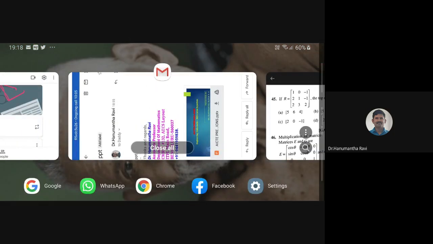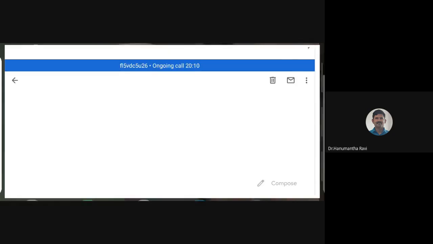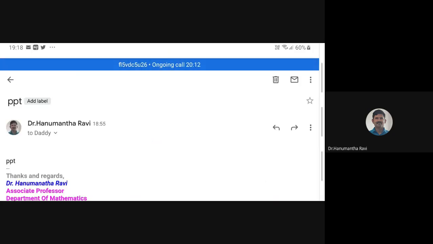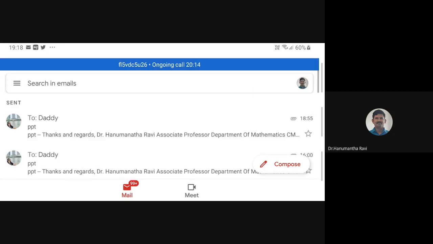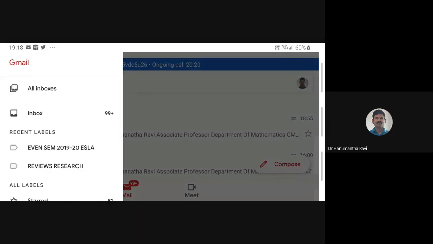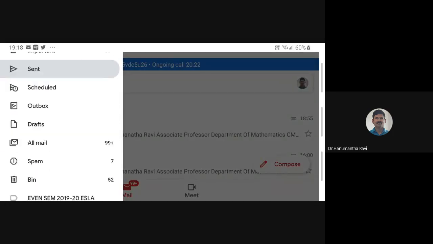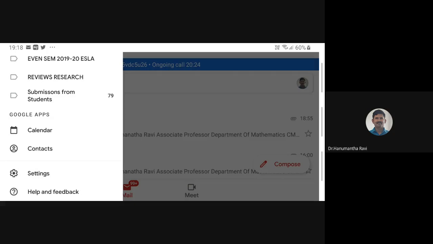Now the whole thing is attached to this Gmail, I am really surprised what is happening. How the whole thing is attached to Gmail, I am not able to understand.